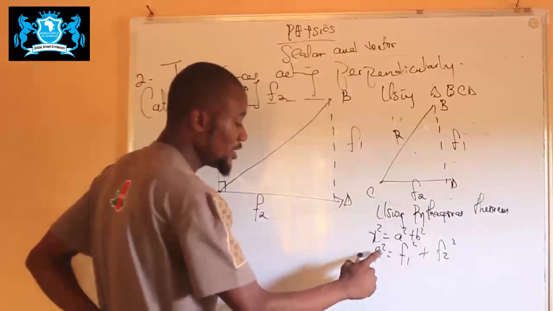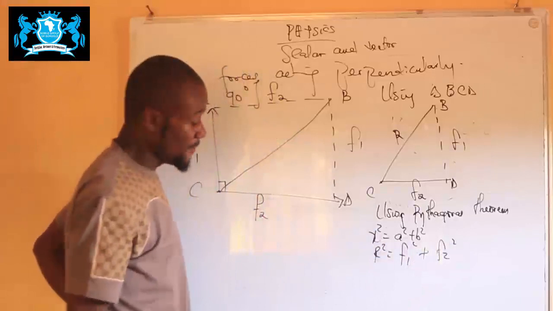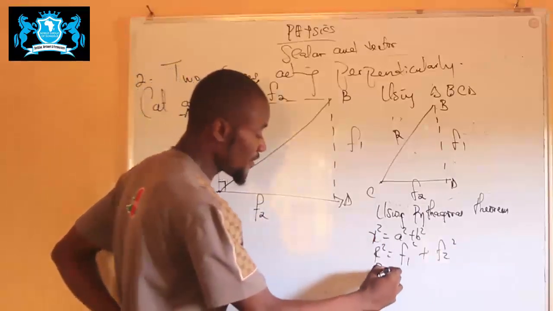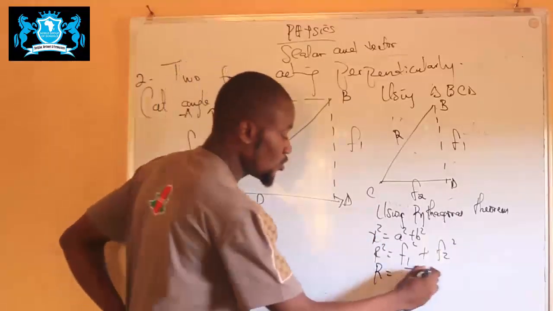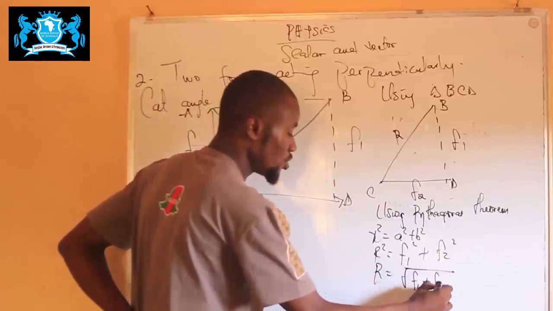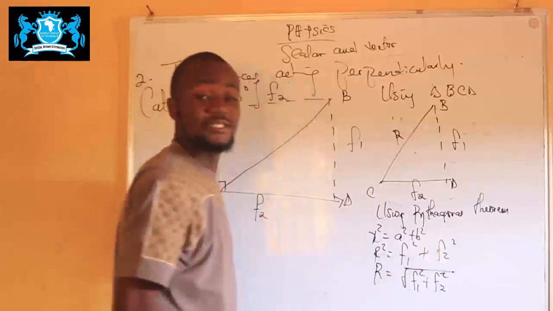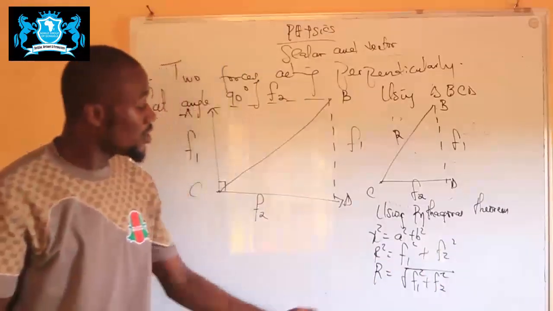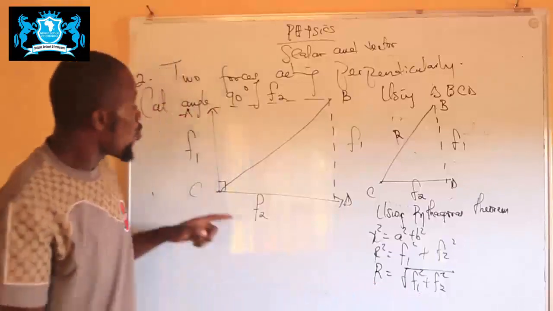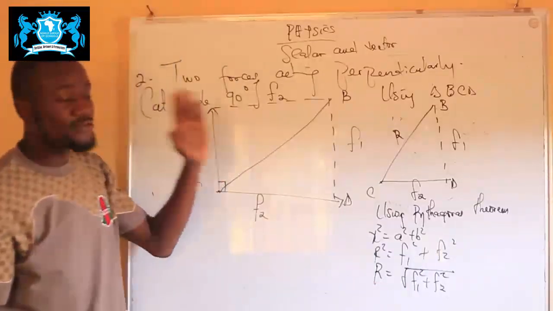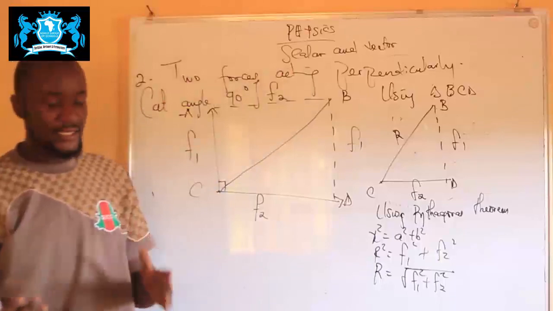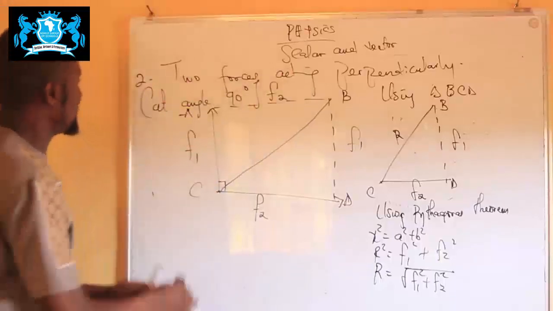Now you know that when the square crosses the equality sign, you change to square root. So R, the resultant force, is equal to the square root of F1 squared plus F2 squared. So this is how to calculate the resultant force when two forces are acting at right angles or in perpendicular directions. We have another one.